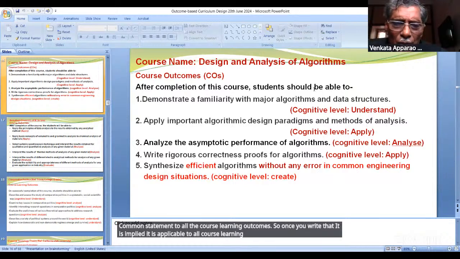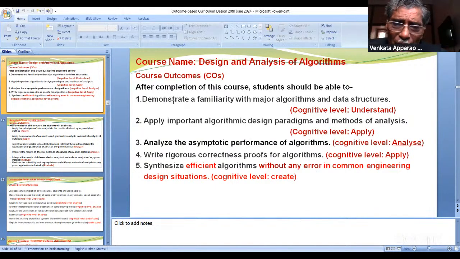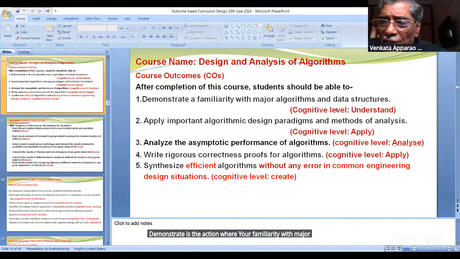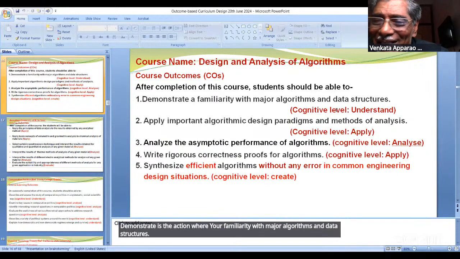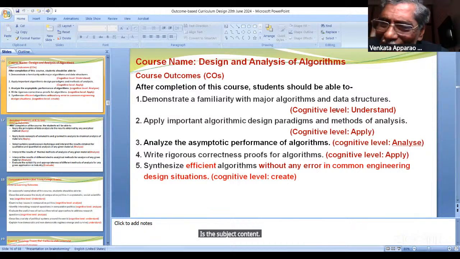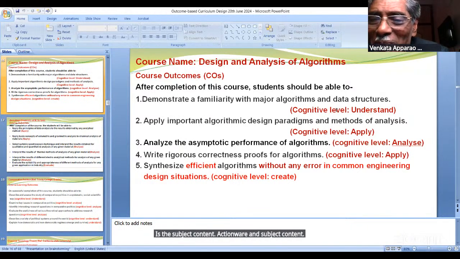Should be able to. So first course outcome, CO1, demonstrate is the action verb. A familiarity with major algorithms and data structures is the subject content. Action verb and subject content. What is it called? Performance part. So only performance part is used here.